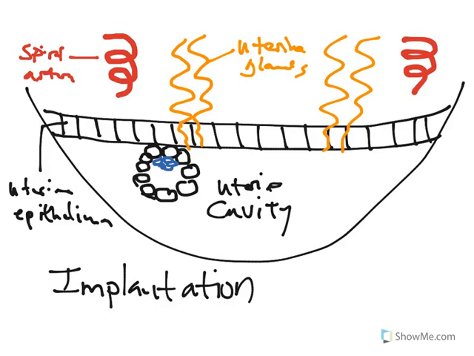Now, to really get a better idea of this, because we need to be able to become parts of the placenta, the trophoblast, the inner cell mass, and to understand what's going on, this implantation occurs during the secretory phase of your uterine cycle. And the secretory phase occurs after day 14, after ovulation has occurred, so this is a big part of that.